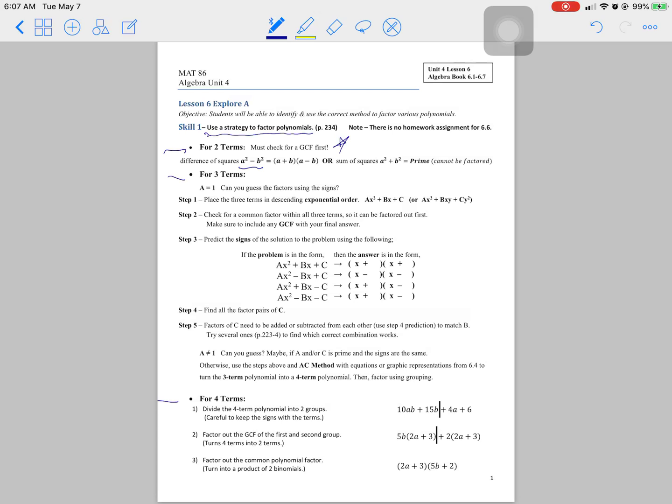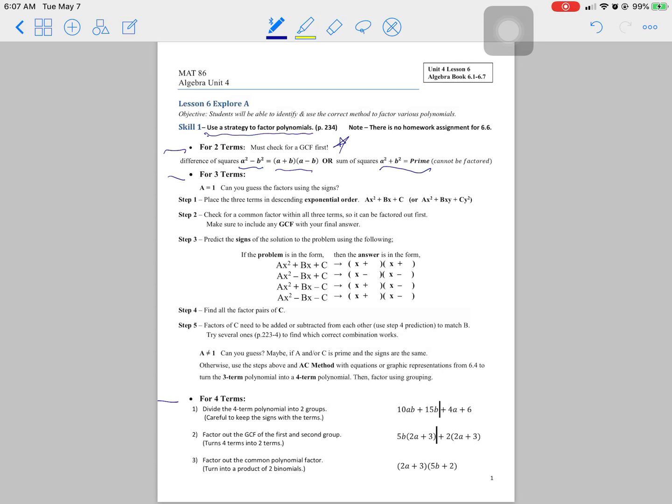If you have 2 terms and it doesn't immediately look like 2 squares, make sure you take out the GCF first, and then you should have a perfect square minus a perfect square. And that's how you factor those. If you have a plus in between them, that's prime and cannot be factored.